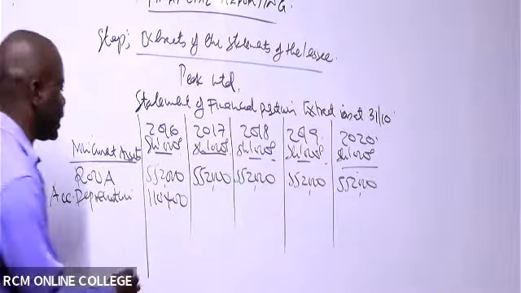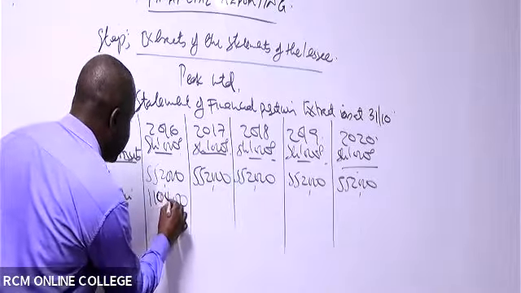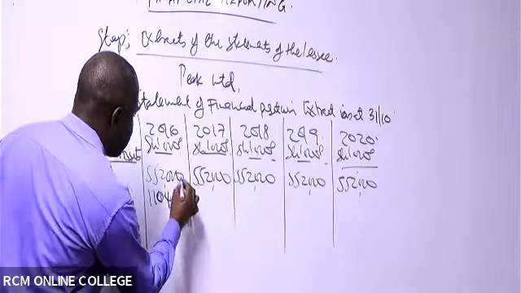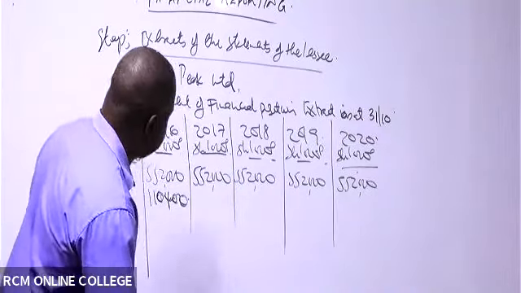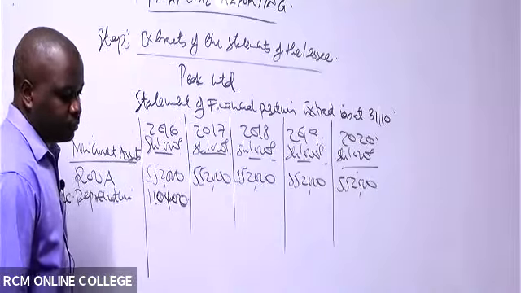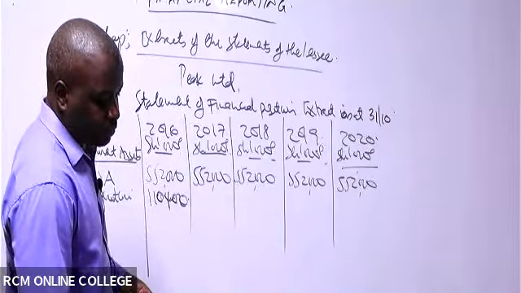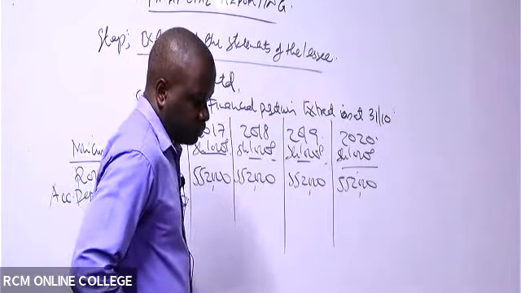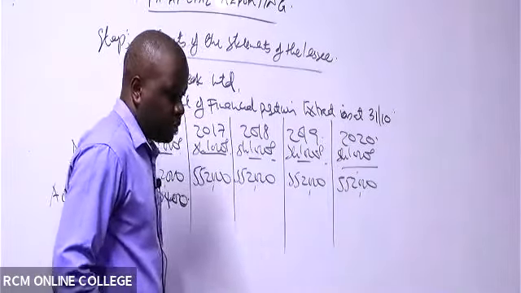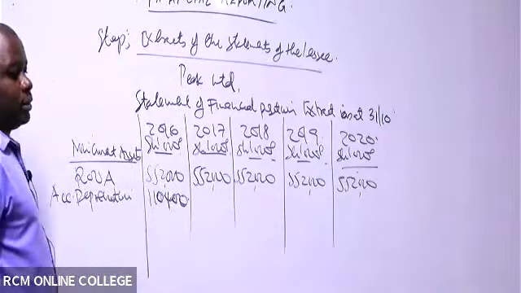So for the first year it is 110,400. For the second year, what is the accumulated?